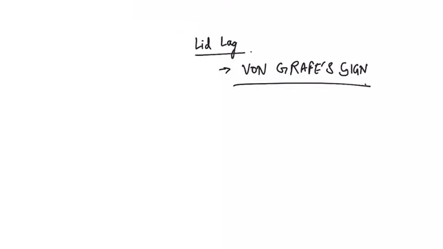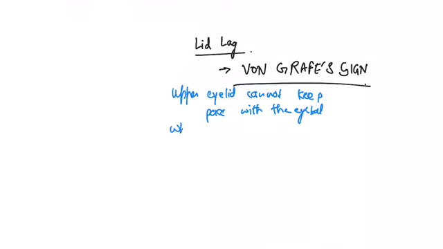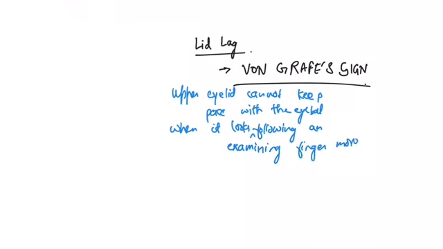Here what happens is that the upper eyelid cannot keep pace with the eyeball.